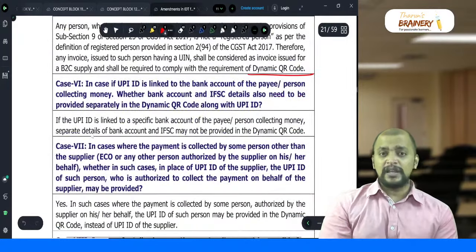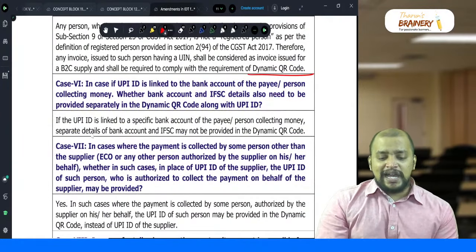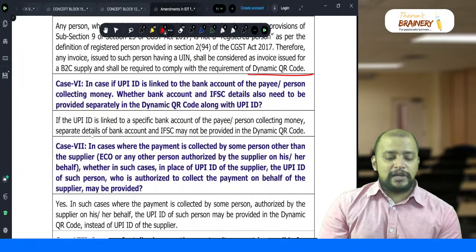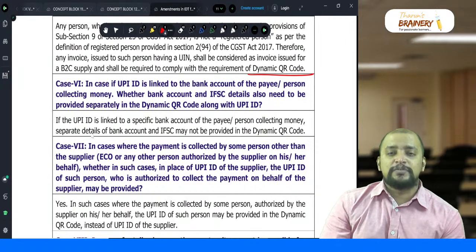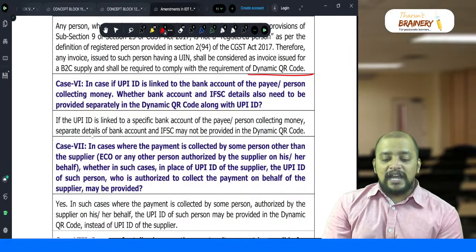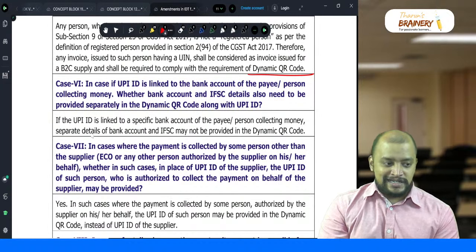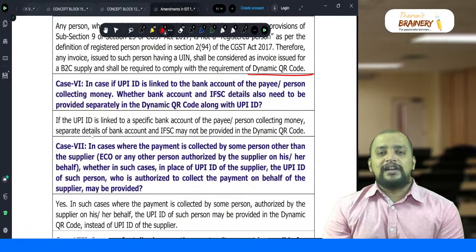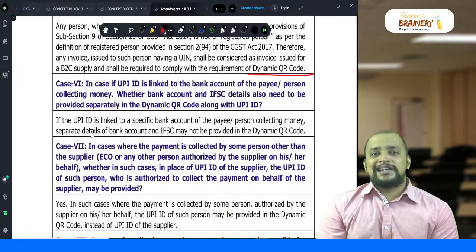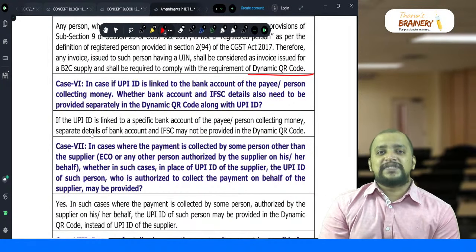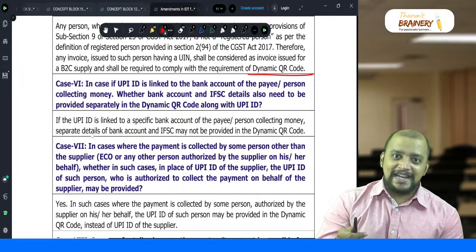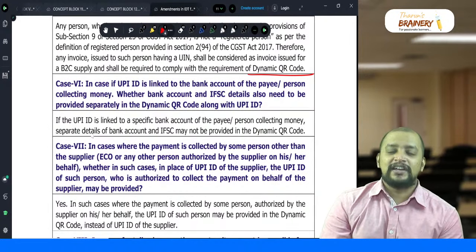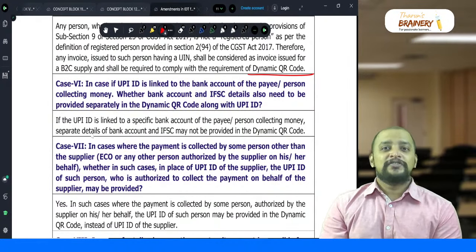Then, in case the UPI ID is linked to the bank account of the payee or person collecting the money, whether bank account and IFSC details also need to be provided separately in the dynamic QR code along with the UPI ID. Okay, for example, my UPI ID is Tarun at OKHDFC Bank. Don't think I'm sharing a UPI ID for collecting some money.